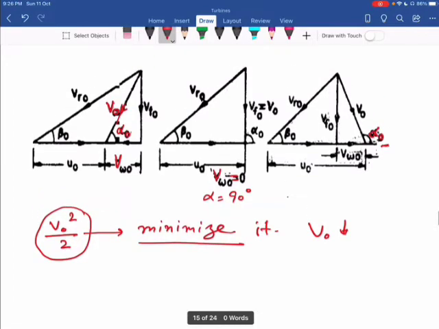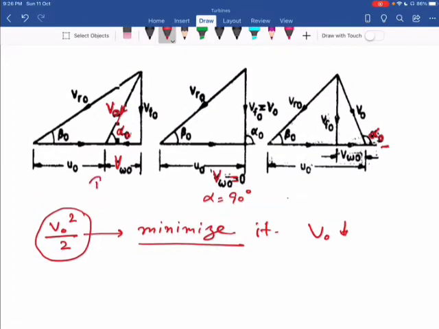Now you can see out of these three triangles, this is the first triangle, this is the second triangle, and this is the third velocity triangle at the outlet. Now out of these three, for which triangle is VO minimum? So in the second triangle, that is this one, when angle alpha O is equal to 90 degree, VO is minimum as compared to VO in triangle 1 and VO in triangle 3.